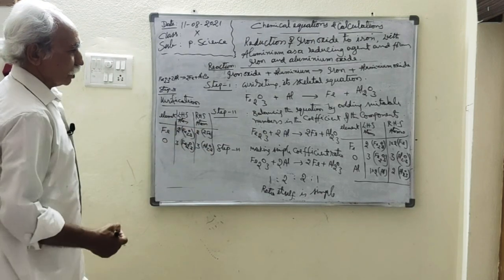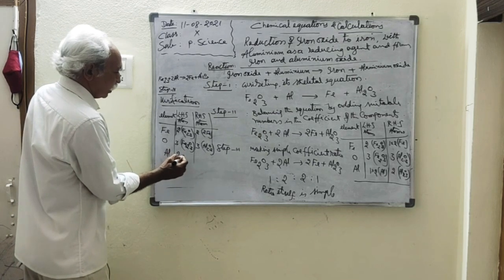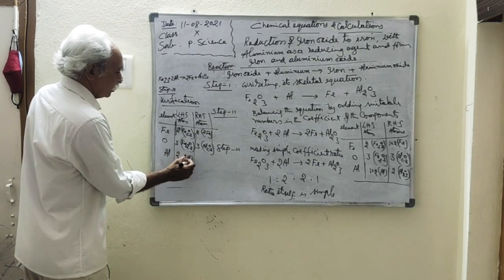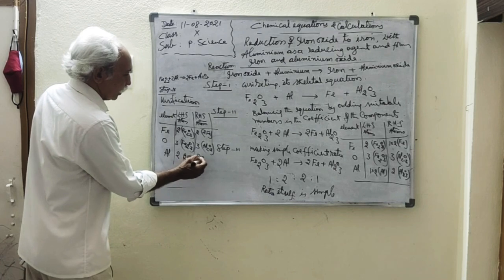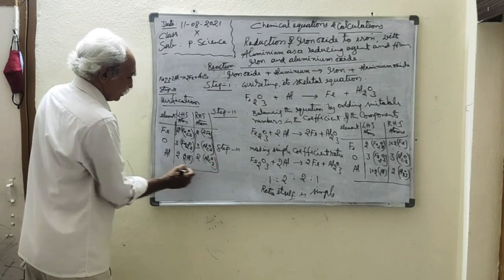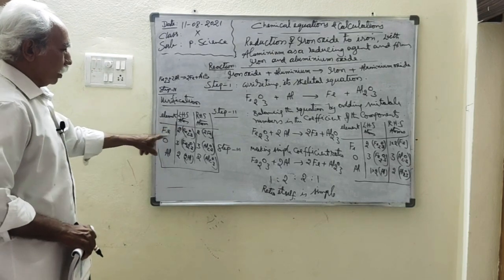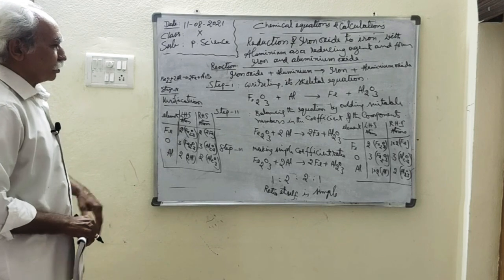So last one is the aluminium. To take the aluminium here, how many atoms? 2 atoms are there from 2Al. Here aluminum 2 atoms are there from Al2O3. So this indicates all atoms of all elements are equal on either side. So it is a balanced equation.